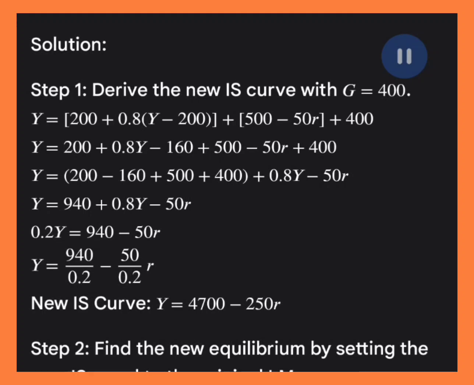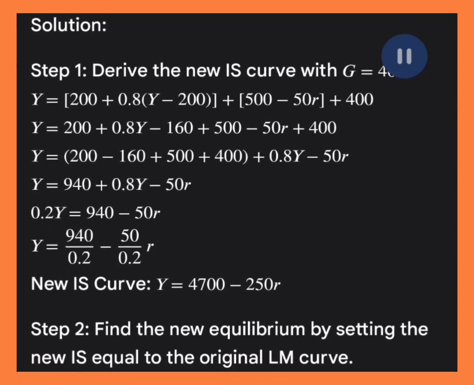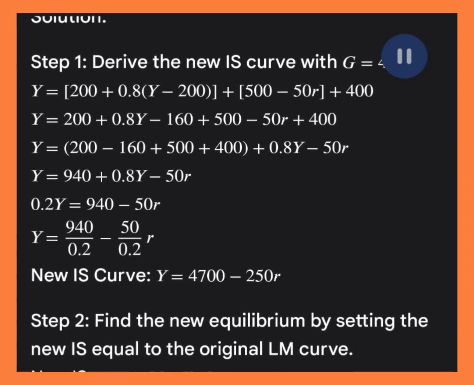Y = 940/0.2 - 50r/0.2. The new IS curve is Y = 4700 - 250r.